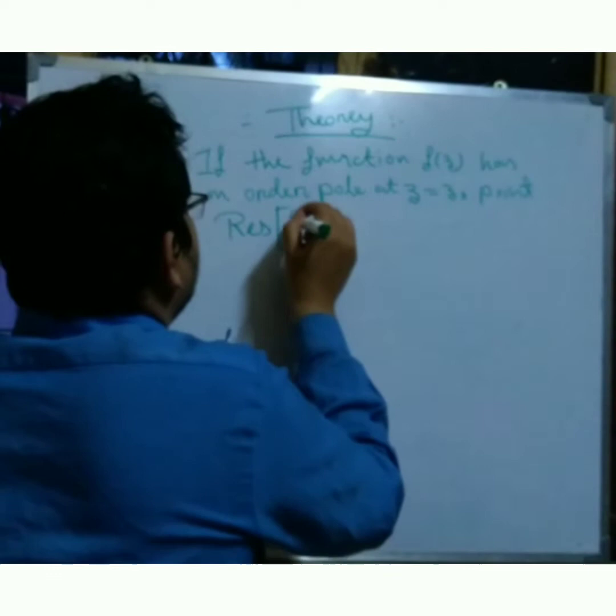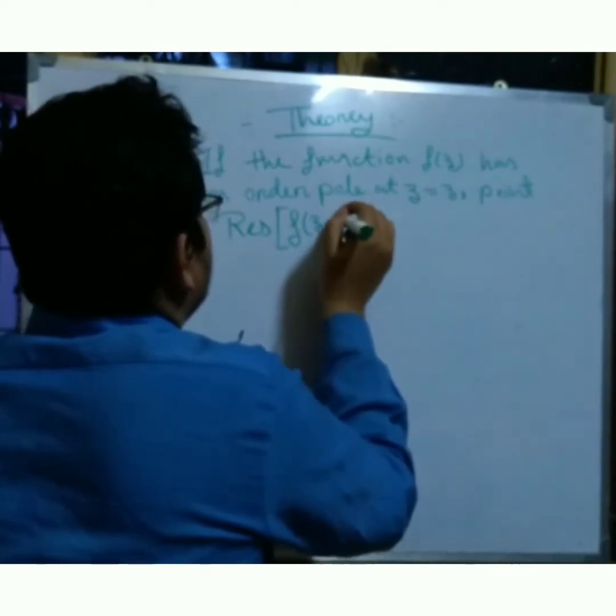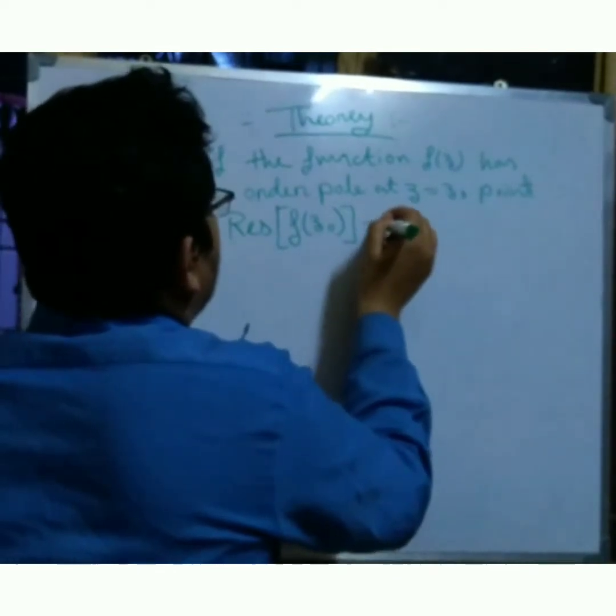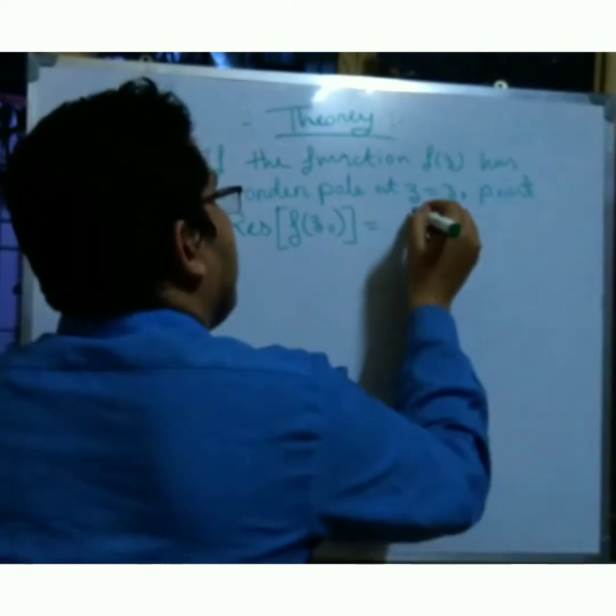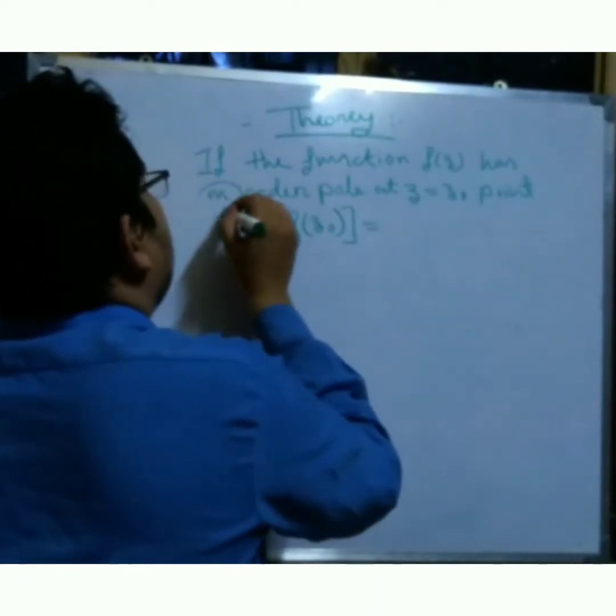of f at z0 equals whatever I will give, friends, and the order is m, must remember.